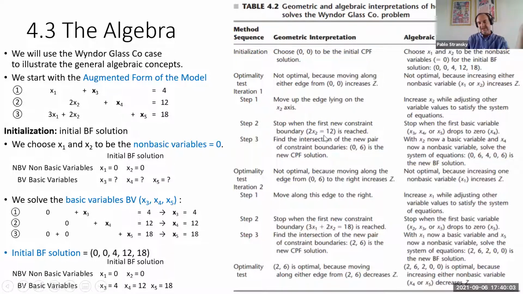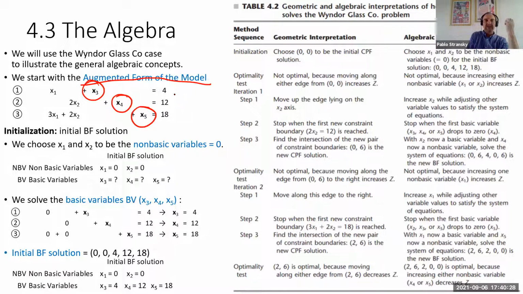Now, last class, we did the setup of the geometric solution in order to have an algebraic option, okay? And if you remember, we brought in this augmented form of the model, where we add slack variables, okay? Because we weren't able to solve it.